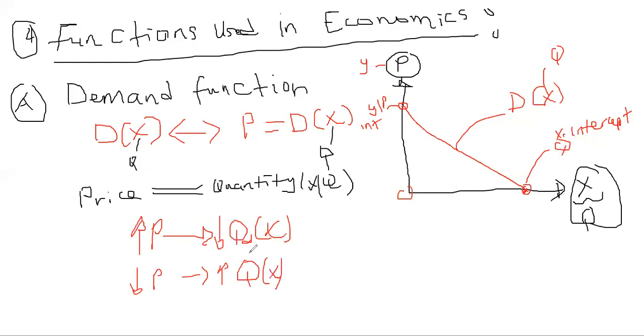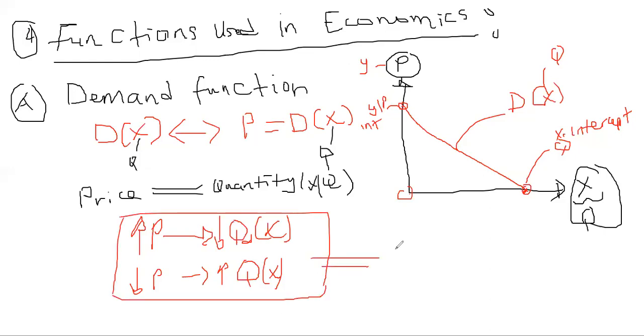If price is going down, quantity demanded is going up. It's because of this law that we say the relationship between price and quantity demanded is what? Negative. Or inverse.